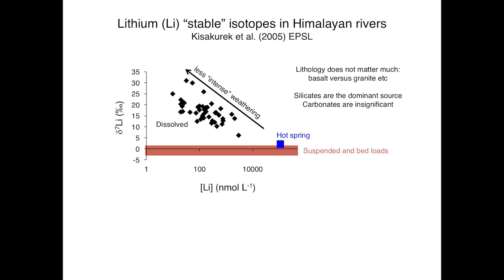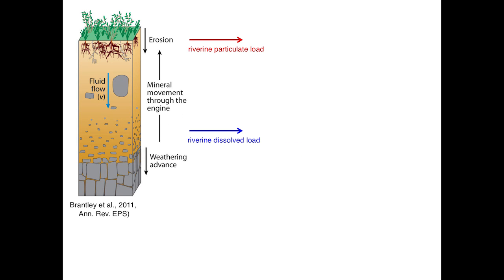And this trend is to do with the intensity of weathering. Now, what do I mean by the intensity of weathering? In the weathering environment on the continents, this is a schematic, you have rock uplift pushing stuff through this chemical weathering zone at the surface. There's the top of the chemical weathering zone with plants, here's the bottom. The chemical weathering front gradually moves this way, and the rock is moving that way, right?